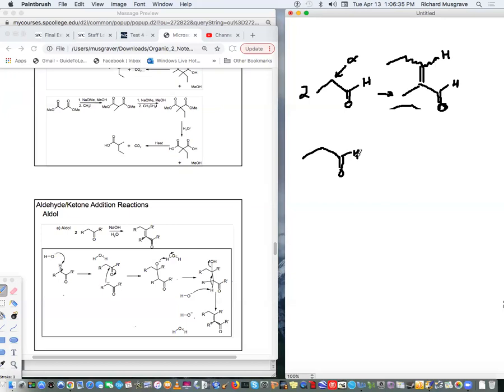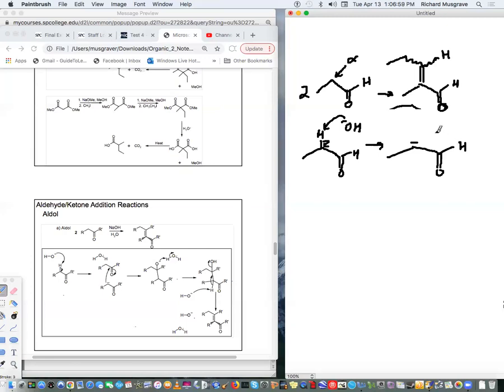So as I said, the hydrogens adjacent to the carbonyl group, to the C double bond O, are somewhat acidic and can be removed by a base, even sodium hydroxide, which isn't an incredibly strong base, but it's strong enough to do the job here.